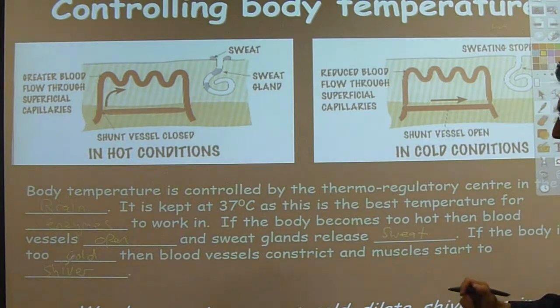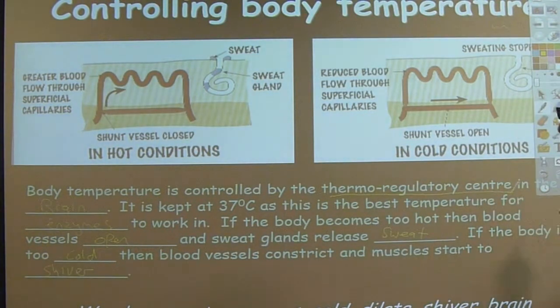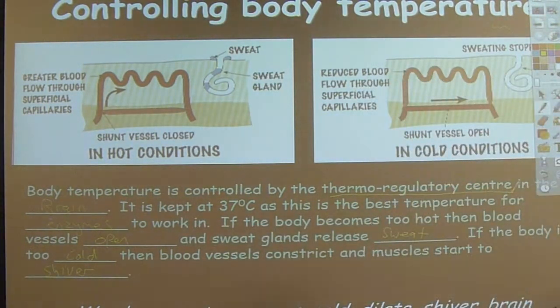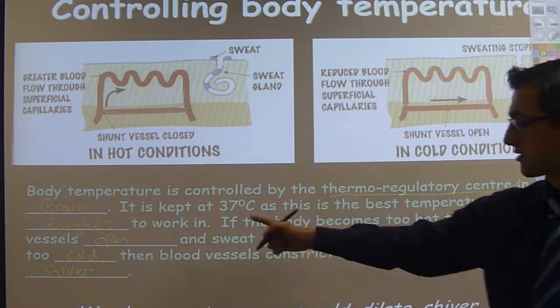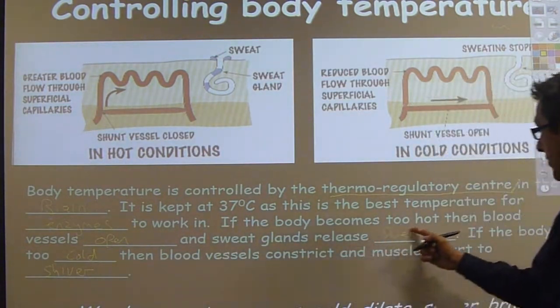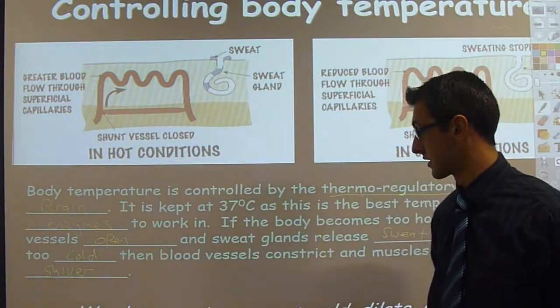So the body temperature is controlled by the thermoregulatory centre in the brain. 37 degrees C is the best temperature for our enzymes to function, because we know that above that they will denature. The body becomes too hot and the blood vessels will open in the surface of the skin.